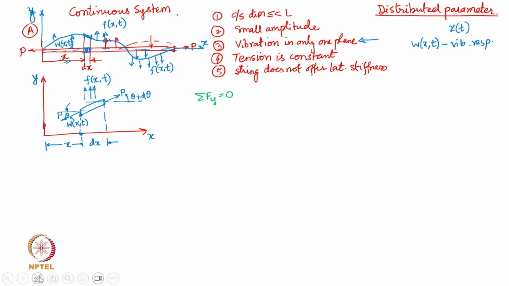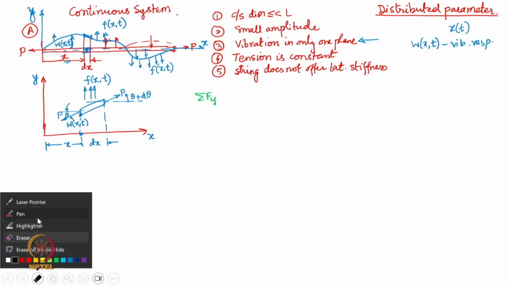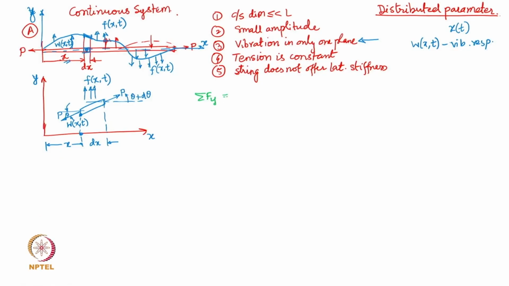Our job will be to apply Newton's second law here, which is mass times the acceleration, equal to the sum of all the forces which are acting on this elemental string. Now, how do you define the forces which are going to act on this elemental string?